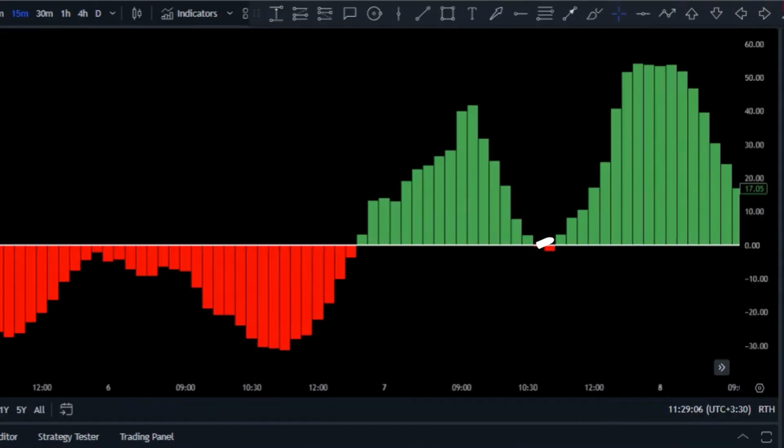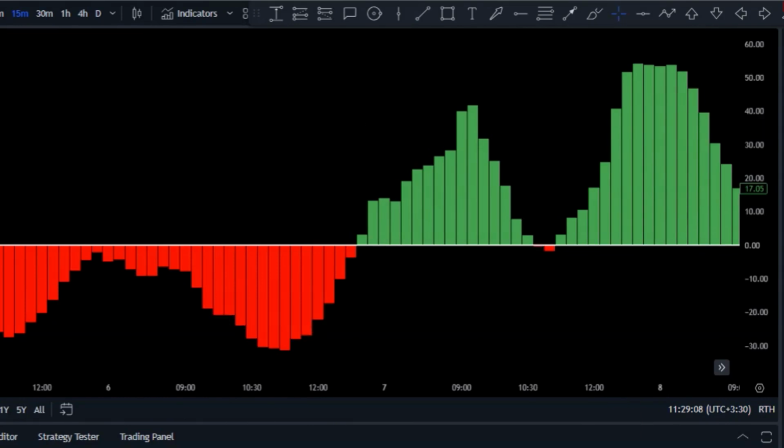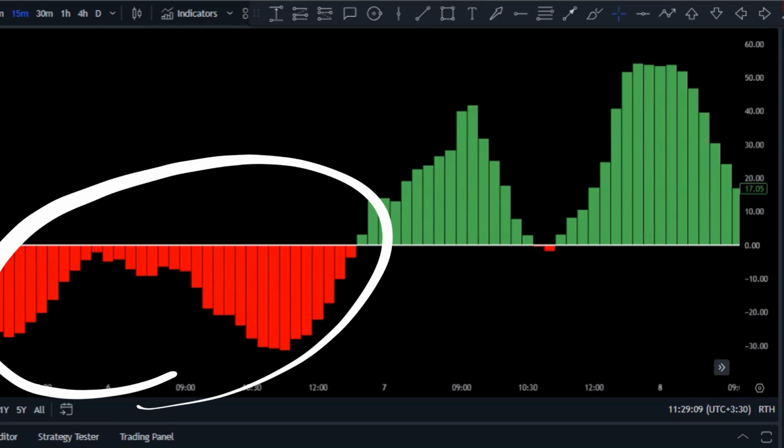So in this scenario, when you see green, that's a thumbs up for a buy signal, and when it turns red, it's a thumbs up for a sell signal.